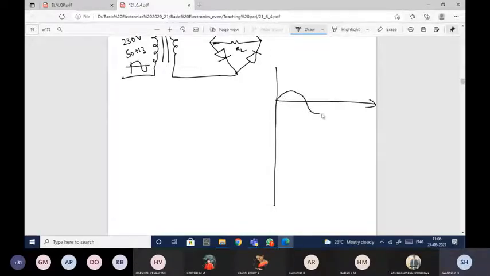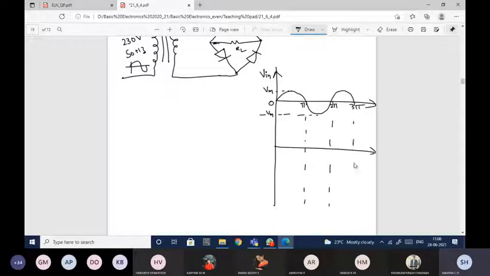This is my input waveform, my V input. The maximum voltage here is Vm, and this is minus Vm, with 0, pi, 2 pi, 3 pi and so on. Now I need to get the output voltage V0 waveform and equation, as well as the load current IL.